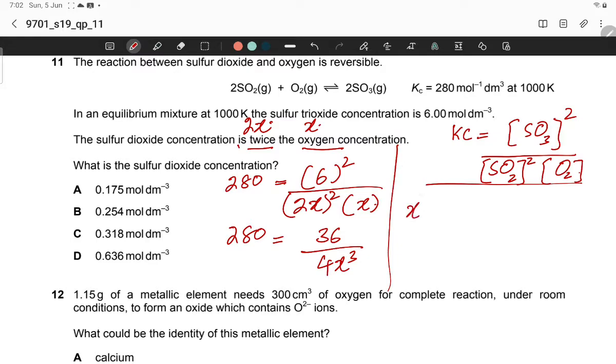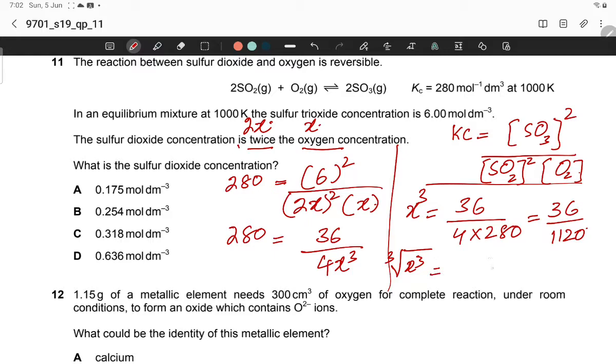And x cube is equal to 36 divided by 4 into 280, which is equal to 36 divided by 1120. Now by taking cube root on both sides, 0.0321.